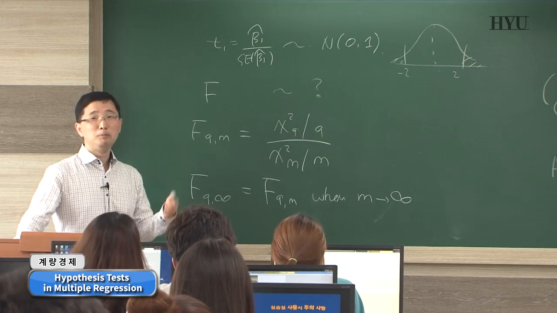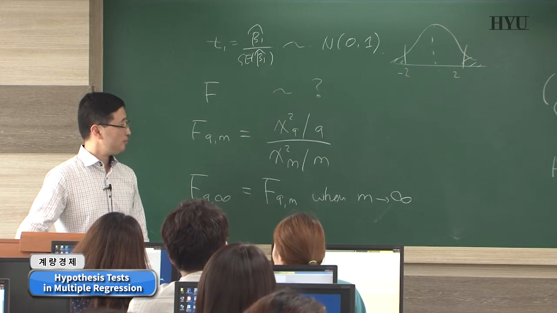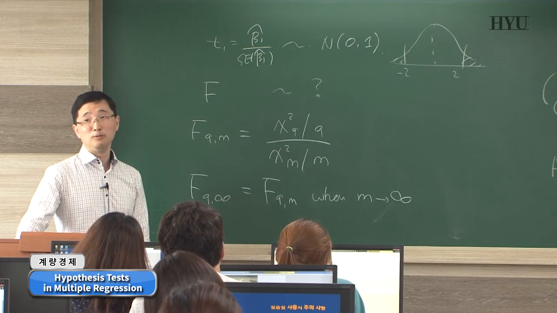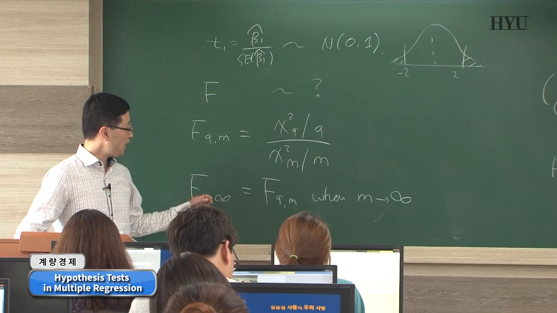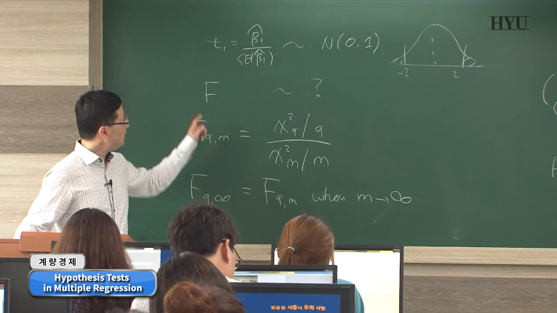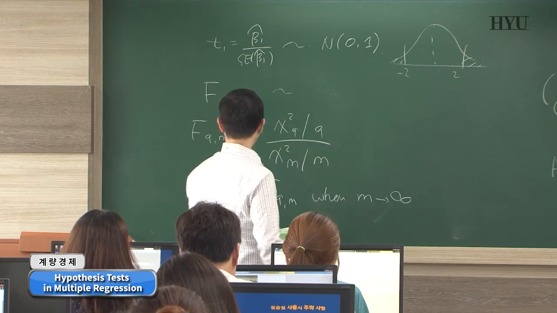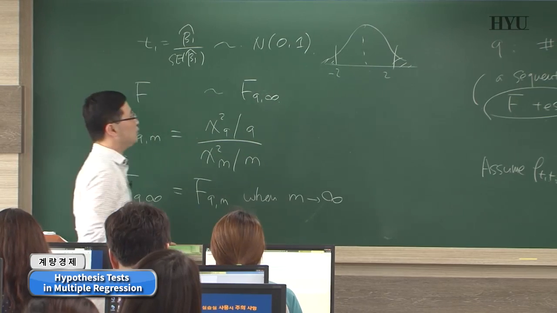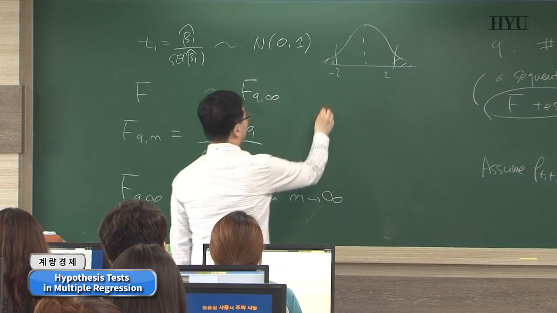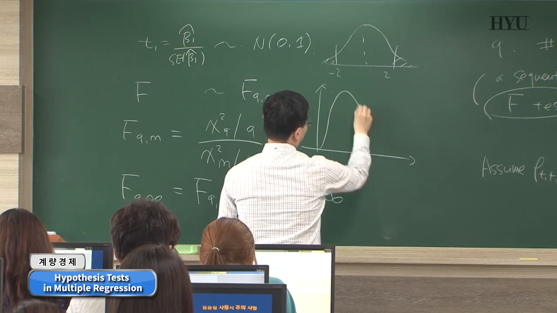It just represents the case where the degrees of freedom in the denominator is big enough, like bigger than 100, even bigger. And the F statistic over there essentially follows the F Q infinity distribution, which looks like this.